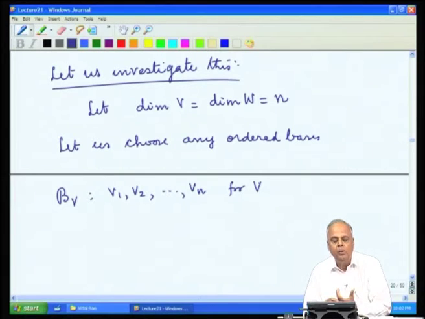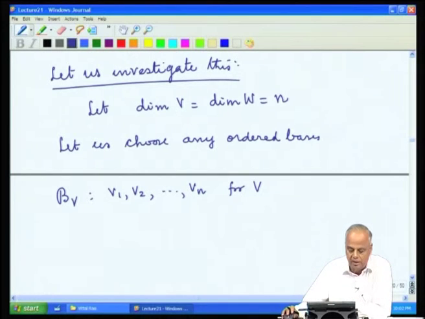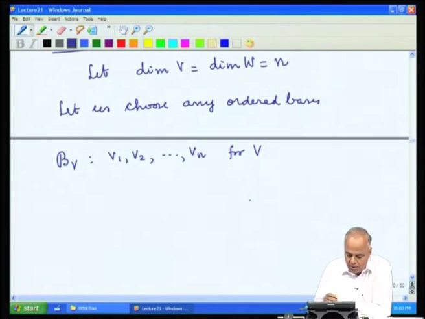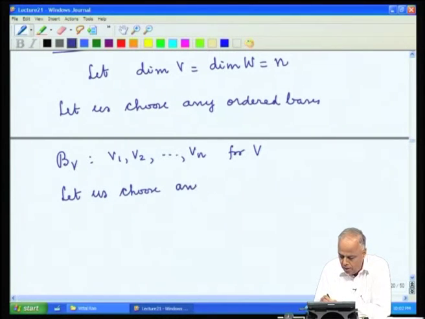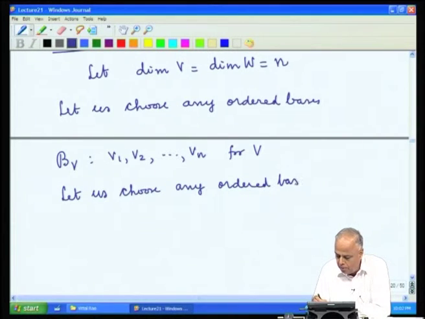This we can do because V is a finite dimensional space, its dimension is n, therefore, any basis will have n linearly independent vectors. Similarly, let us choose any ordered basis for W now.